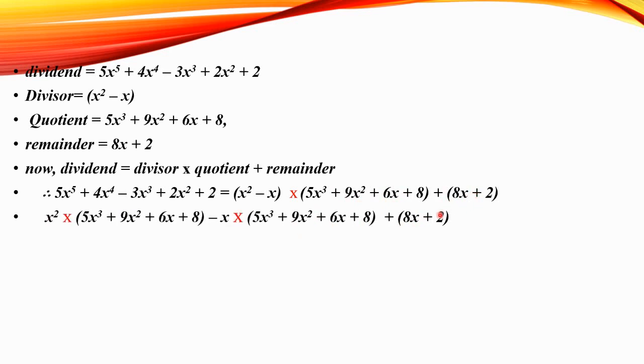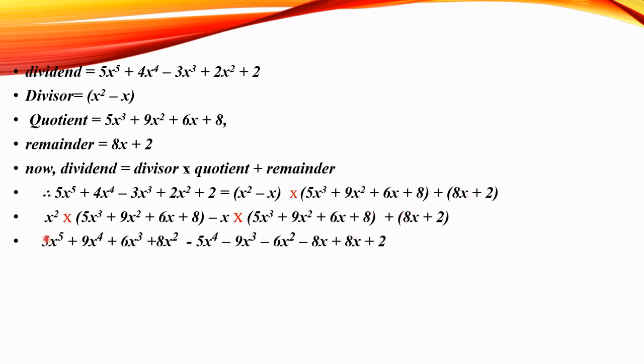So now on the right hand side we will multiply x square minus x with this polynomial. So we get x square into 5x cube plus 9x square plus 6x plus 8 minus x into 5x cube plus 9x square plus 6x plus 8 plus 8x plus 2.